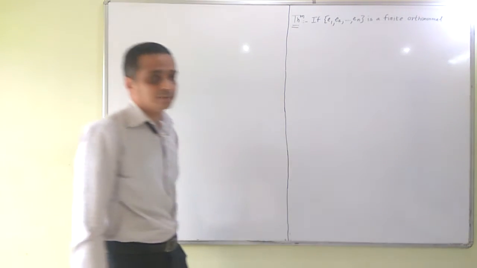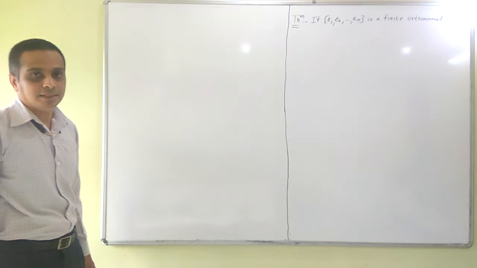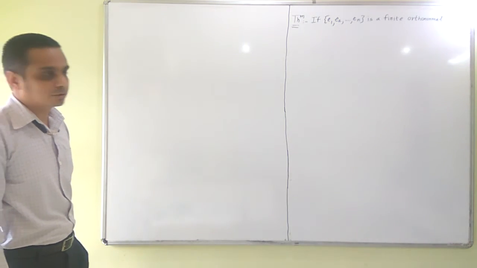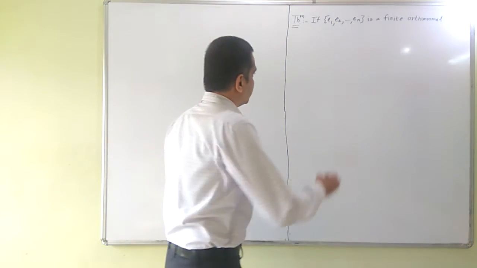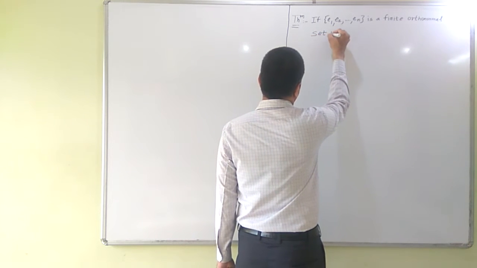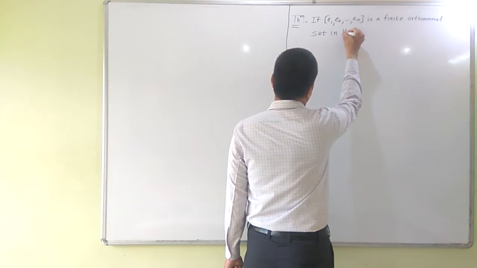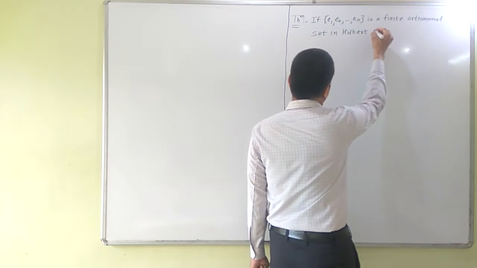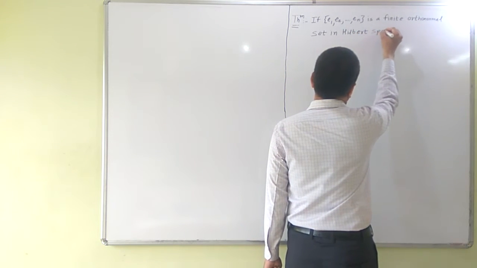In the previous lecture we have defined orthonormal set. It is a set of unit and pairwise orthogonal vectors.